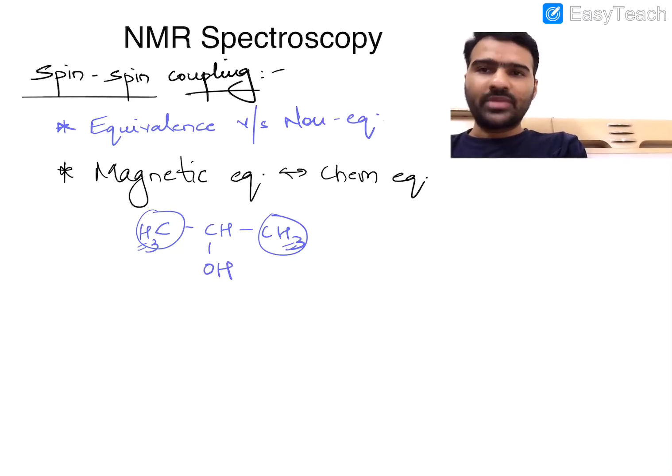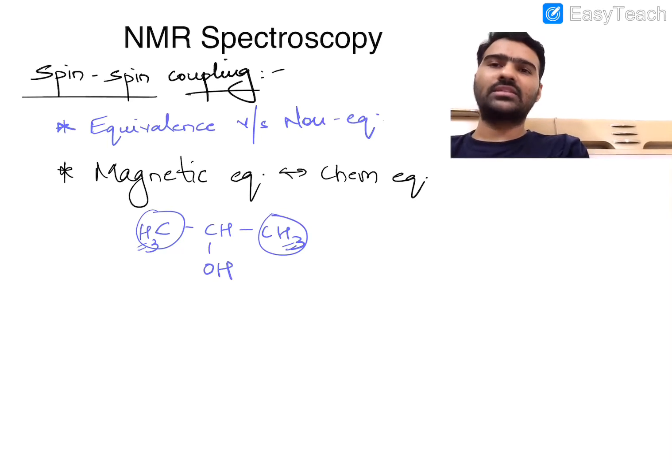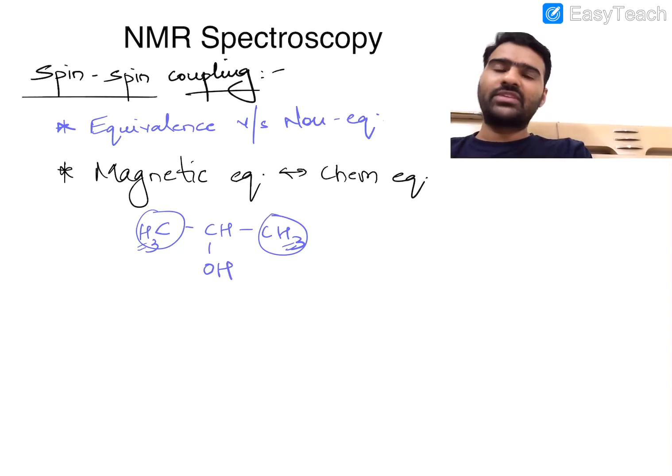But we should also bring about this distinction right here, that all chemically equivalent nuclei may not be magnetically equivalent, because magnetic equivalence requires the structure to be exactly identical, even with respect to the stereochemistry, and the overall electron cloud around the nucleus has to be exactly the same.